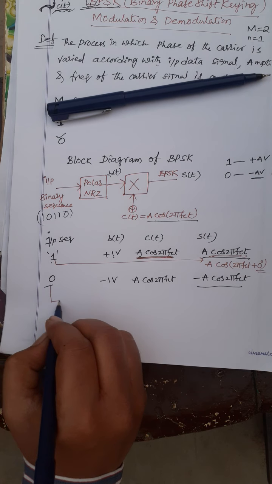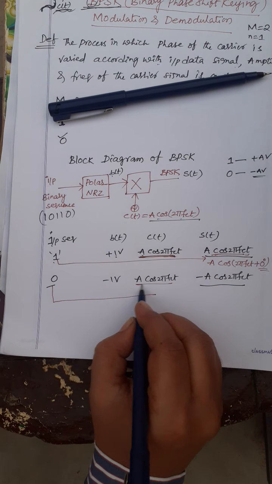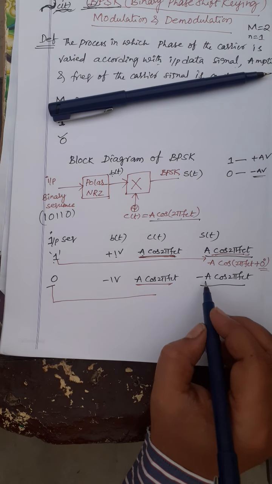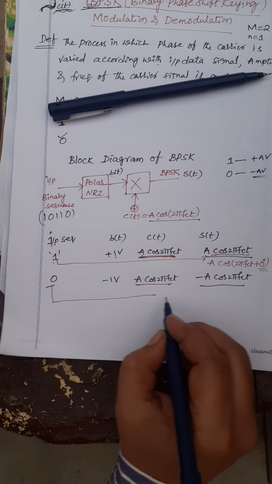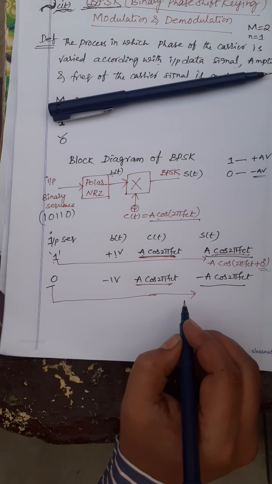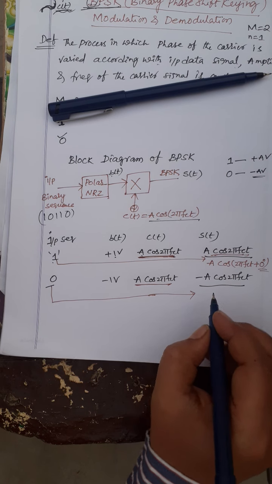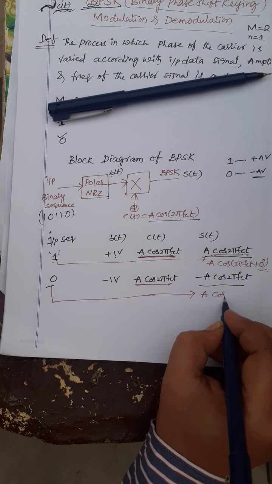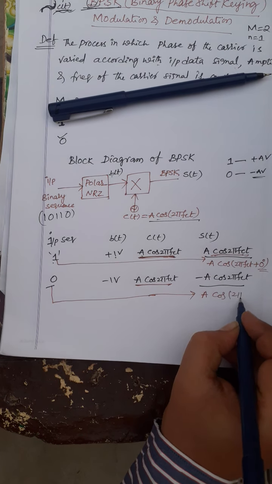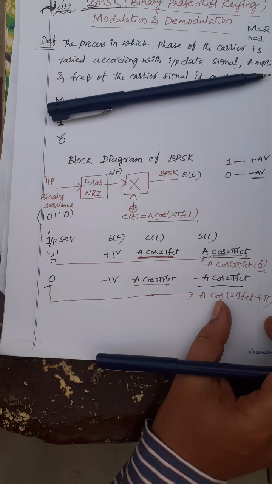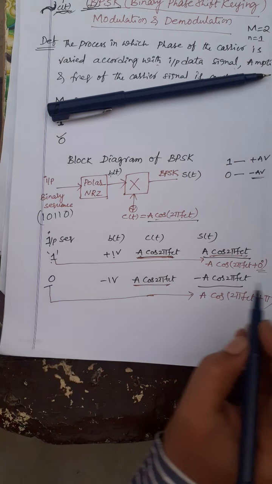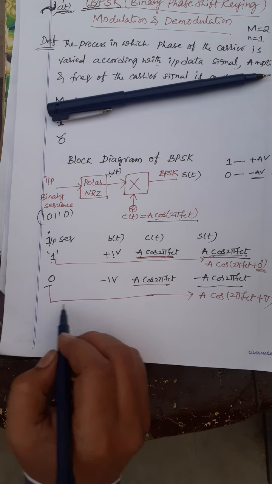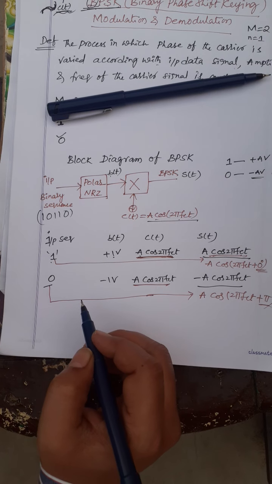Now bit 0, see here, this is my carrier signal and the modulated signal is minus A cos 2 pi fct. When we get minus A cos 2 pi fct, it is due to a 180 degrees phase shift of cos. So here A cos 2 pi fct plus pi, as cos of 180 plus theta is equal to minus cos theta. Now see here, bit 1 is 0 degrees phase shift and bit 0 is 180 degrees phase shift.